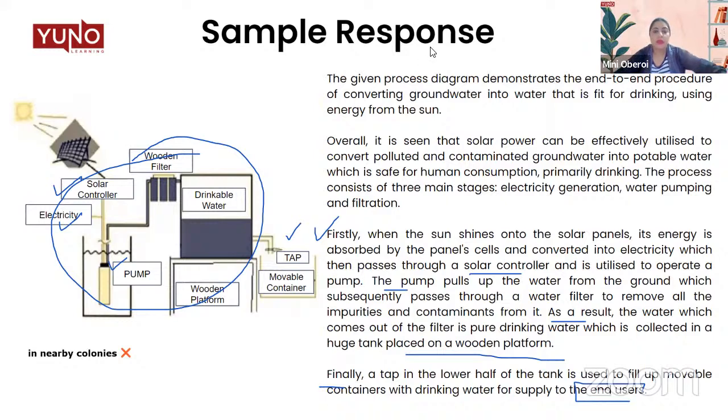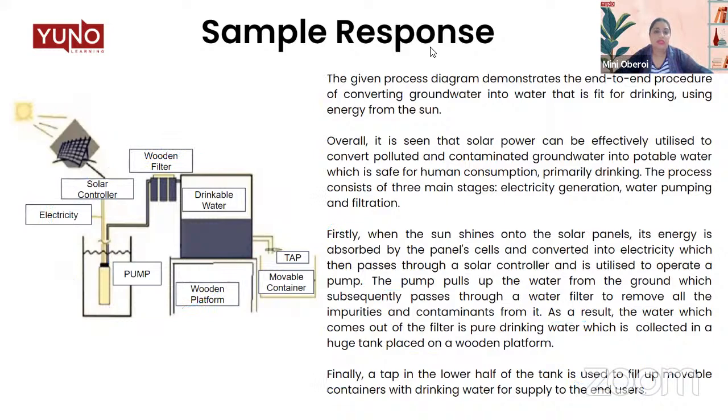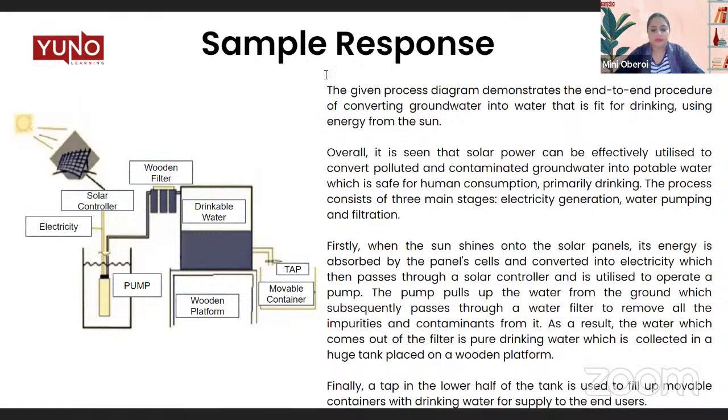So always remember the step-by-step process, and the step-by-step process says the first paragraph is the introduction, right? And the introduction mentions what is the given visual input. Is the visual input a bar graph, a line graph, a pie chart, a diagram which depicts a process?